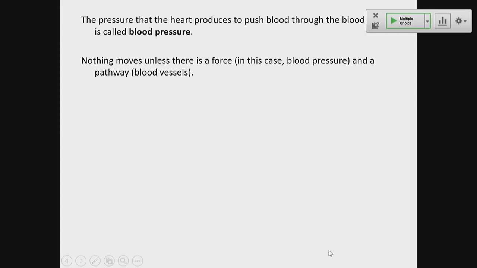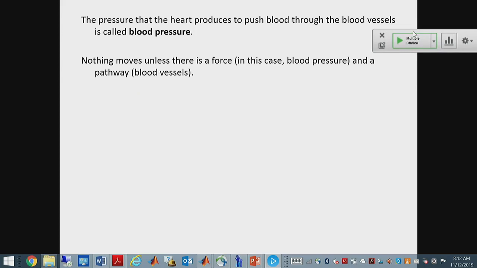Just as a reminder, the pressure that the heart produces is, of course, pressure that pushes blood through blood vessels and is called blood pressure.